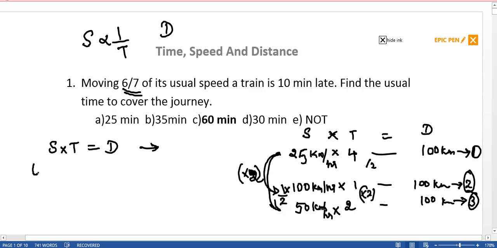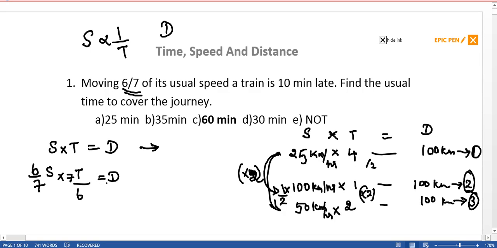We already know that when speed gets multiplied by some number, time gets divided by the same number. This would be 6, this would be 7. If it gets divided, it will become 7 by 6. My time will become 7 by 6 in order to reach the same distance.